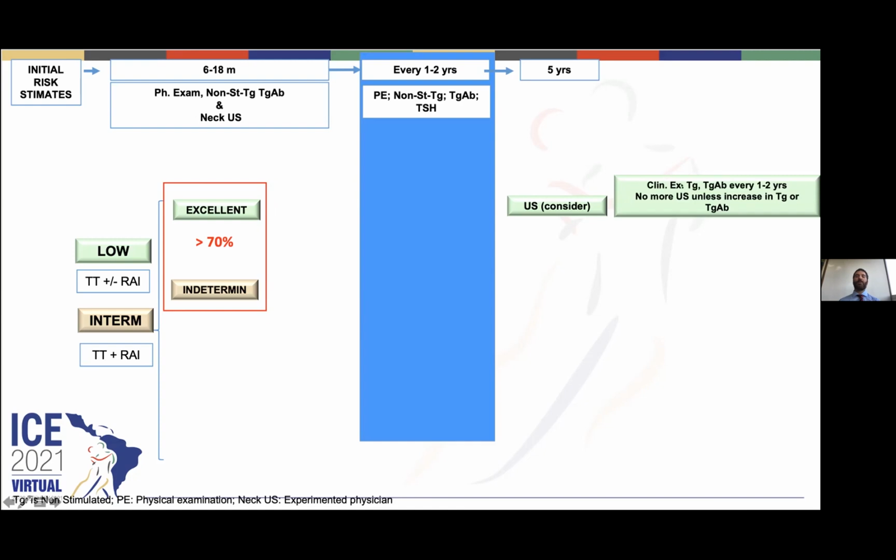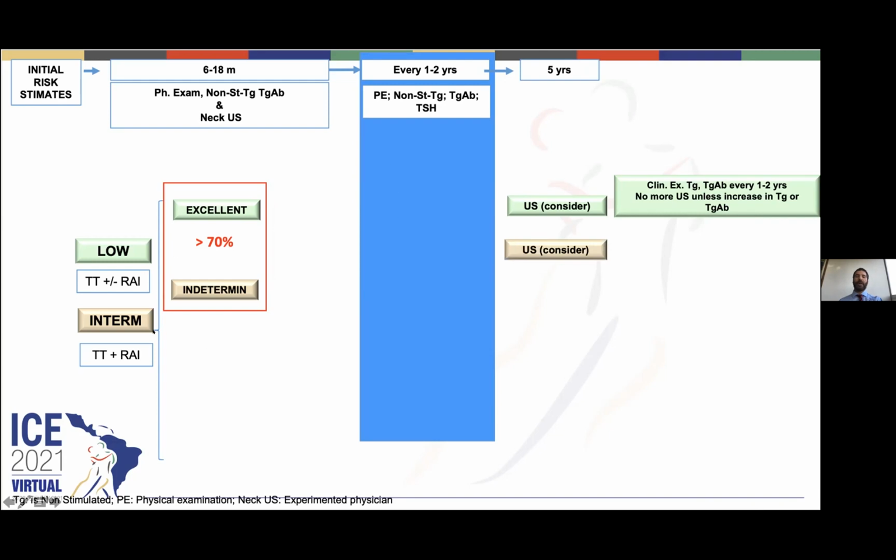Later, we have to follow this patient with clinical examination and thyroglobulin antibodies every 1 to 2 years, and no more neck ultrasound unless there is an increase in thyroglobulin or thyroglobulin antibodies. Also, before the 5 years, we can do neck ultrasound if we have increasing thyroglobulin or thyroglobulin antibodies.